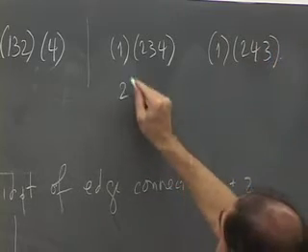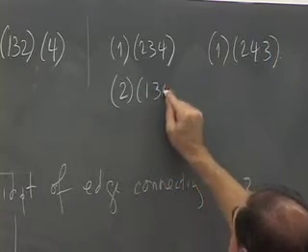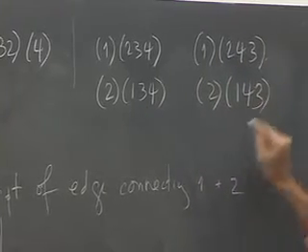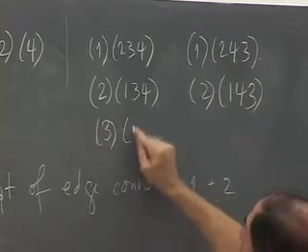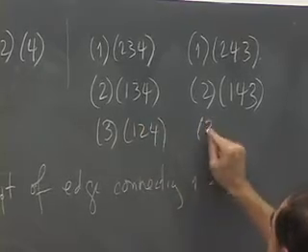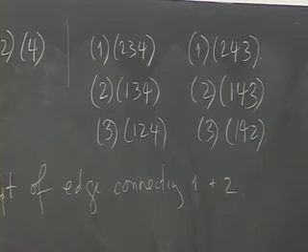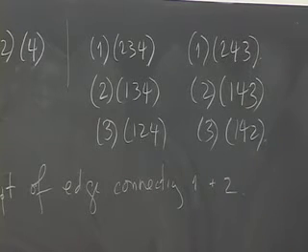And then I'd have 2, 1, 3, 4, and 2, 1, 4, 3. And then I'd have 3, 1, 2, 4, and 3, 1, 4, 2. Those would be my 8 permutations of order 3 in this group of the tetrahedron.